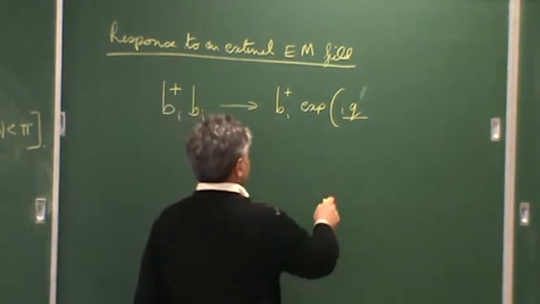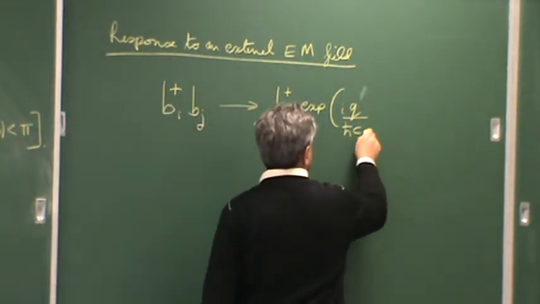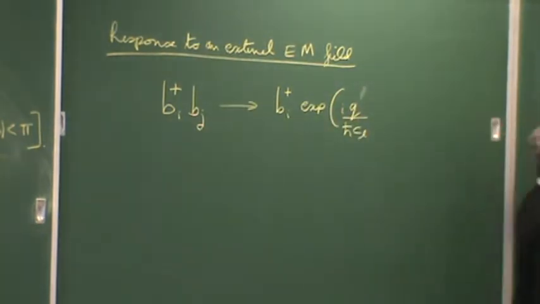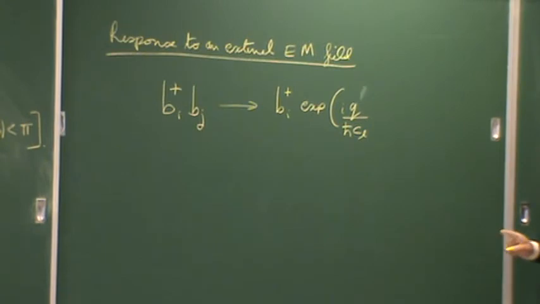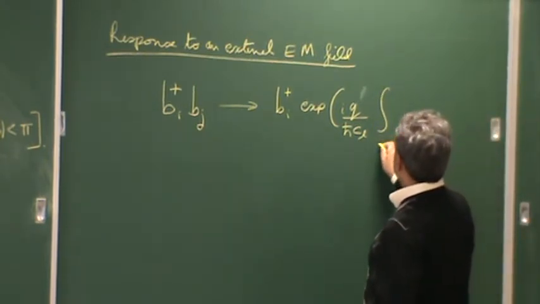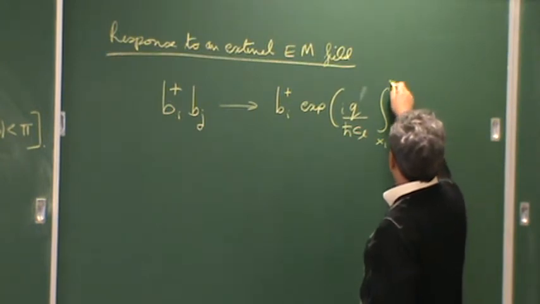Over h bar, and I put a c_L just so that's not confused with this c. This is the actual velocity of light in CGS units. If you're using MKS units, there is no factor of c here. But okay, my notes are in CGS units, so there it goes.